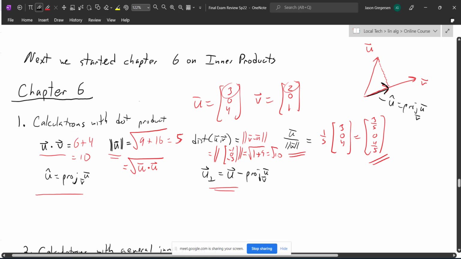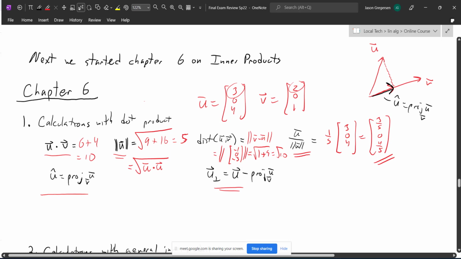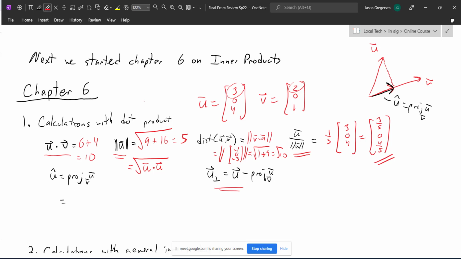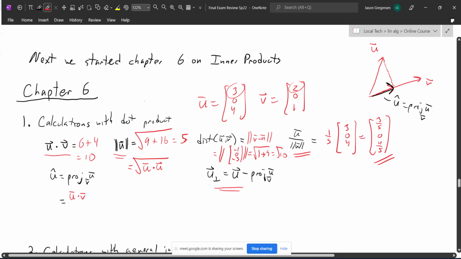And we can see that vector points in the same direction of v, so we expect it to be some number times v. In this case, our formula would be u dot v divided by v dot v times v. All right, so the projection of u onto v is some number times v. There'll be a whole lot of v's in there and only one u.